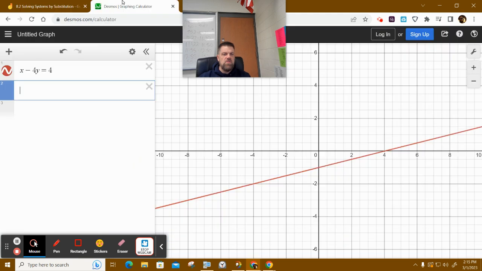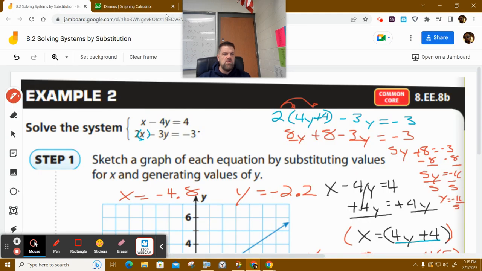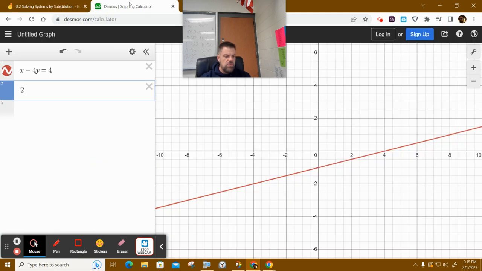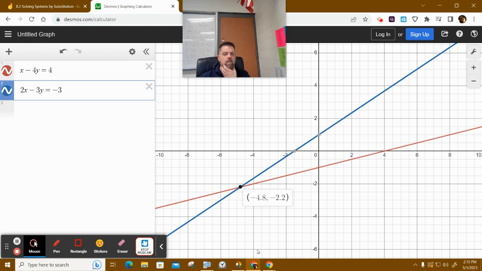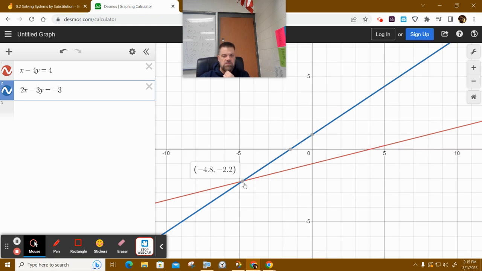Then the other one was 2x minus 3y equals negative 3. Was that right? Oh, yeah, 3y. I meant to hit y. Hey, what do you see there? That looks pretty good, right?